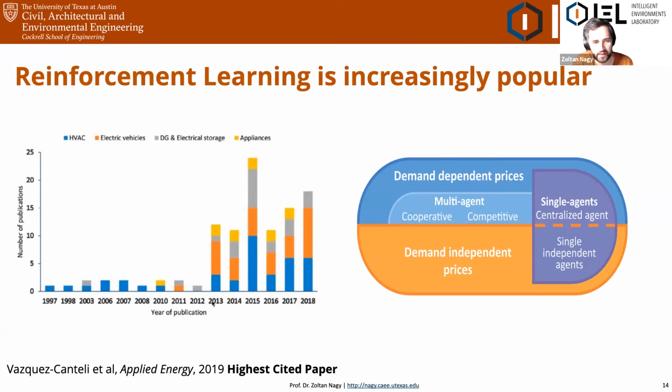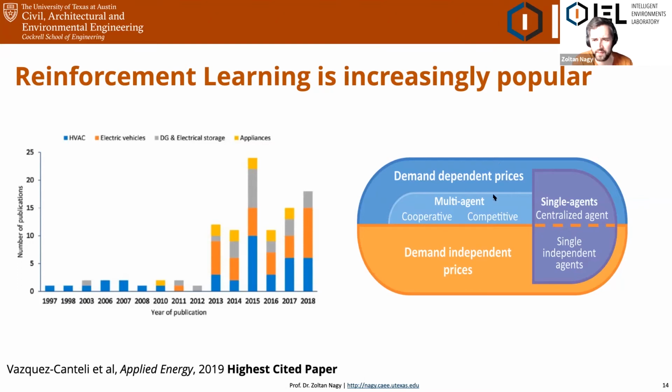This is a review paper, and there's a big spike in applications driven by these new results on reinforcement learning applied to video games mainly. And so a lot of people started to do applications in this area. You see HVAC, you see electric vehicles, which is also driven by recent development there, distributed generation and storage, and then smart appliances a little bit.